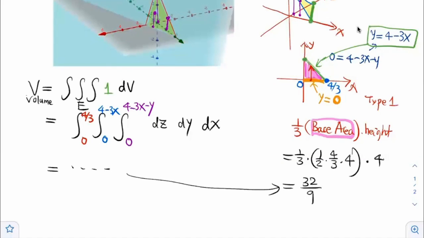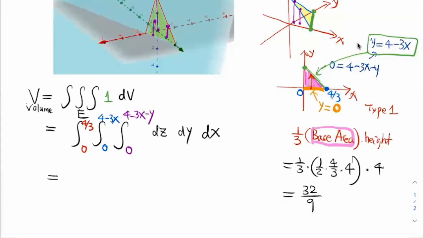Yeah, we can verify that. Should we finish it? Maybe we should finish this. Let's do the innermost integral first. It's going to give you z, this upper limit subtract this lower limit, because you're integrating 1.